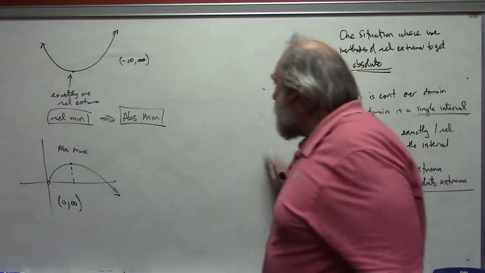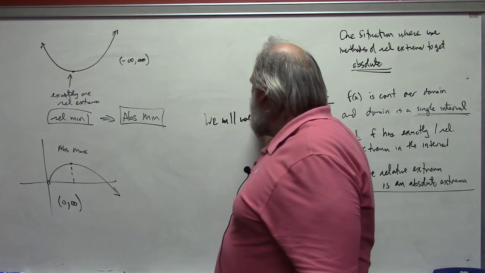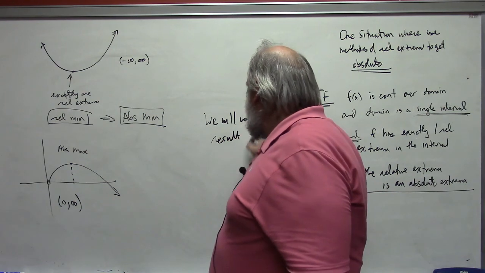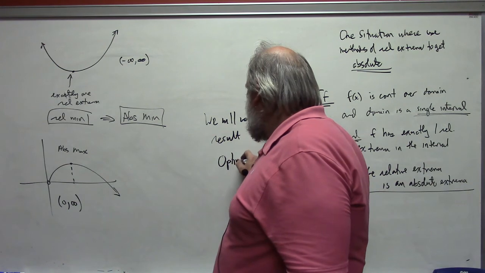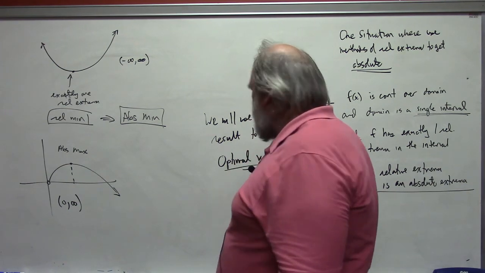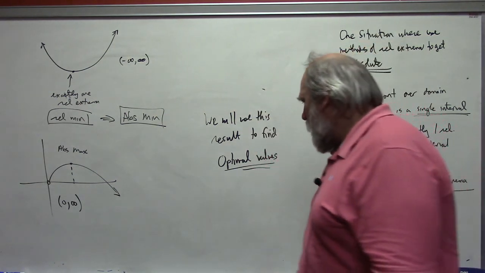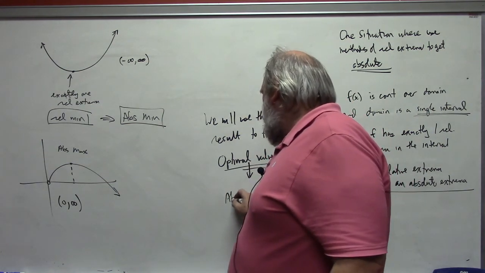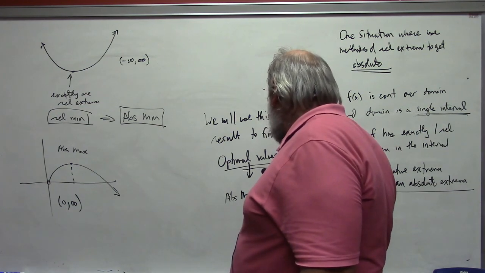And we are about to use this result to find optimal values for functions, called optimization. Generally, the optimal values we are looking for are either the absolute max or the absolute min.